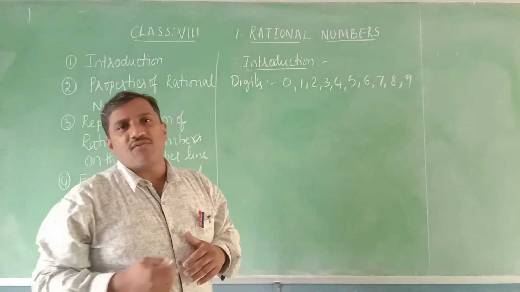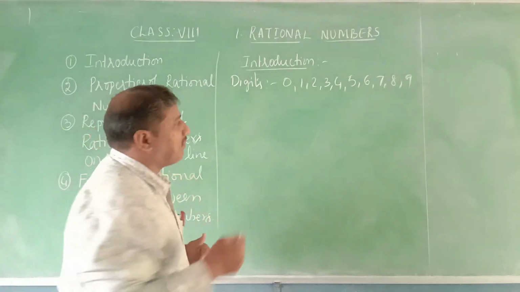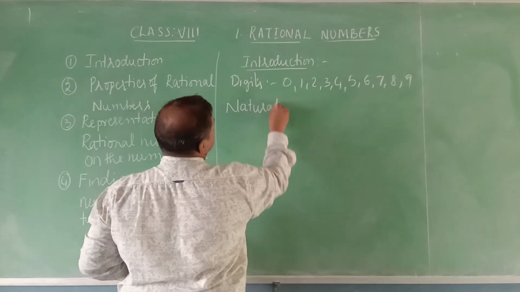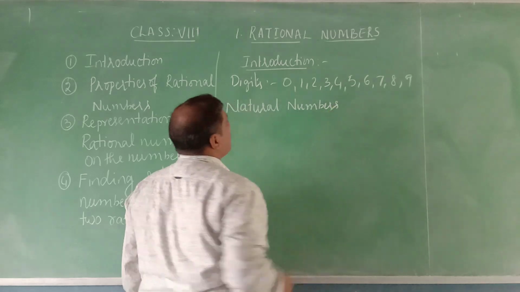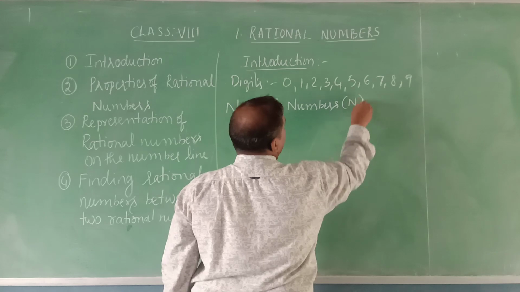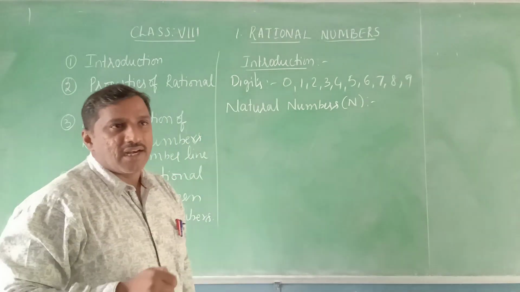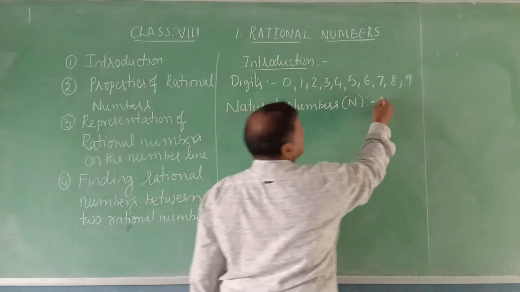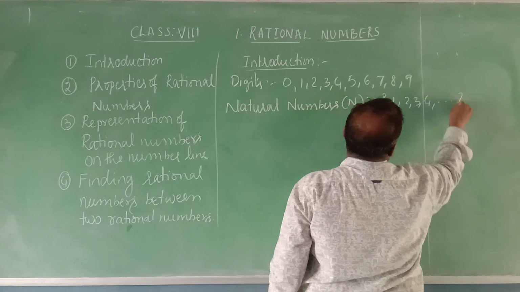The first kind of numbers which we studied is the natural numbers. Natural numbers are also known as counting numbers. Natural numbers are represented by the first letter of their name, that is N. The set of natural numbers, the counting numbers which are used for counting, starts with 1, 2, 3, 4 and so on.